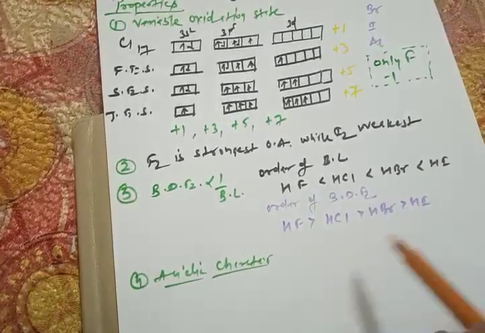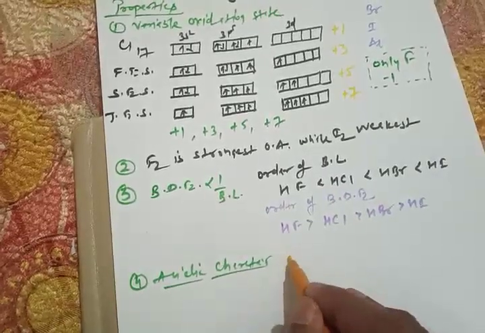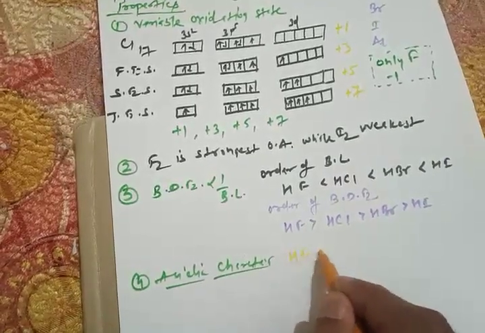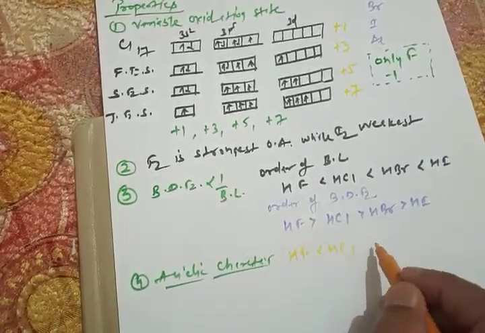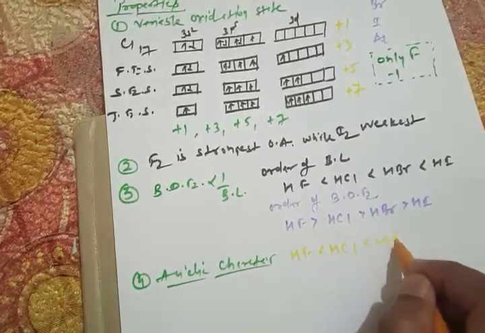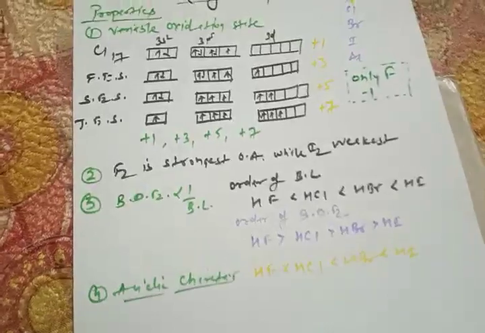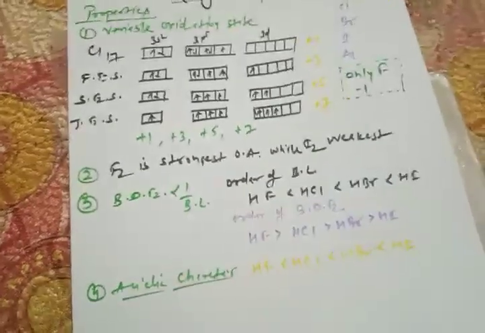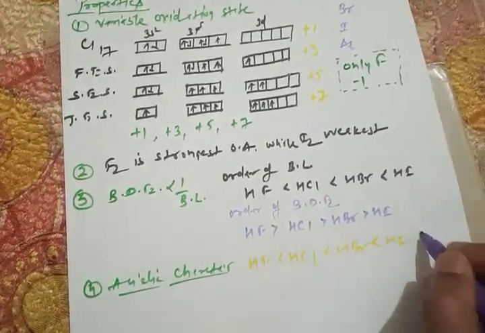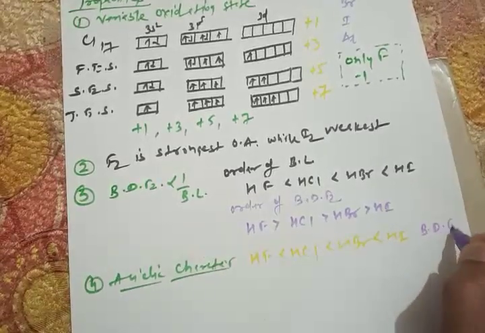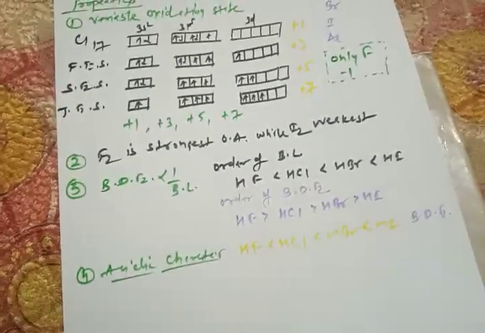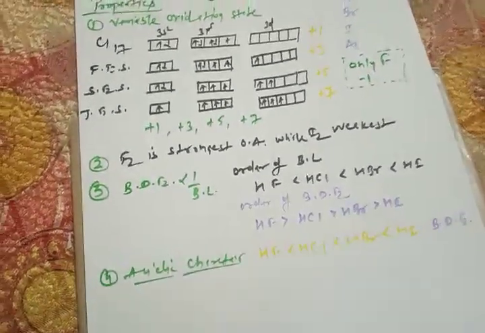So the acidic strength follows this order: HF, HCl, then HBr, and then HI. Again we are discussing this by the reason of bond dissociation energy, because the bond dissociation energy is very low in the case of HI.